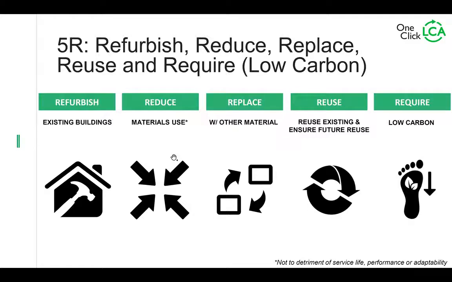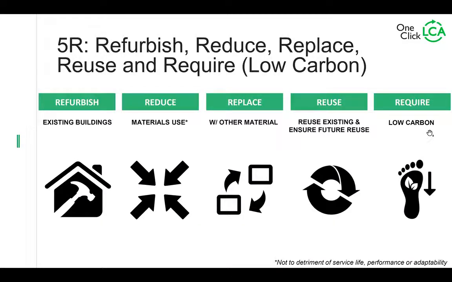However, don't detriment the service life, performance, and also adaptability when a building could be adaptable for additional use cases. You may also replace some of the materials with other more environmentally considerate or lower cost materials, or otherwise having some benefits. And obviously in the procurement phase, use as much reused material as you can and ensure future reuse by installing the materials so that the connections can be undone.